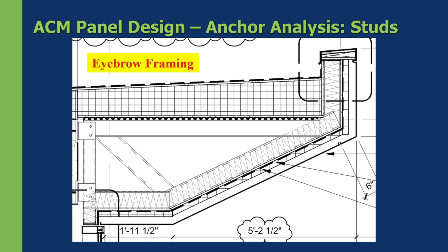Watch out for these areas and make sure that the cold form steel provider is also providing the cold form steel in these areas. Because the framing in these areas can get very tricky and very costly very quickly. Just be aware of areas like this during your bid phase.